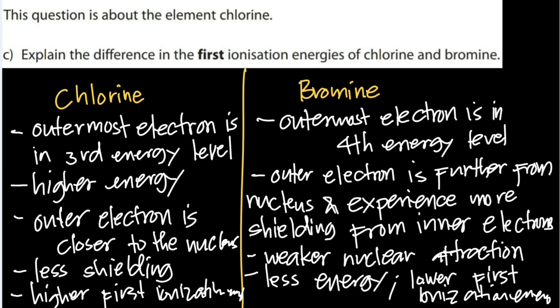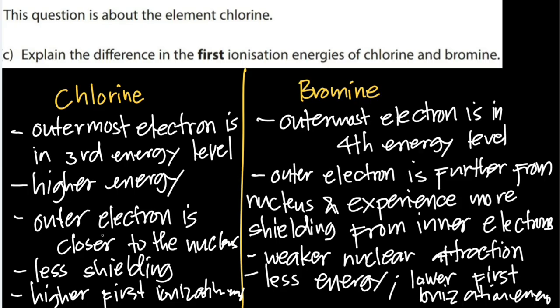Now, the outer electron in bromine is farther from the nucleus and experiences more shielding from inner electrons. As a result, the nuclear attraction between the outer electron and the nucleus is weaker in bromine. Therefore, less energy is needed to remove the outer electron from bromine than from chlorine.